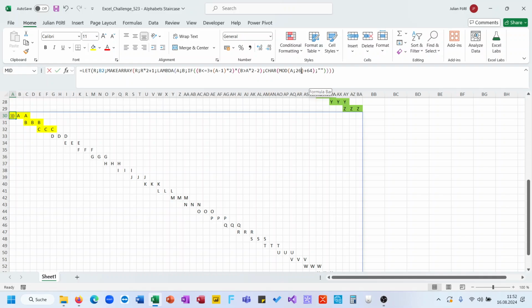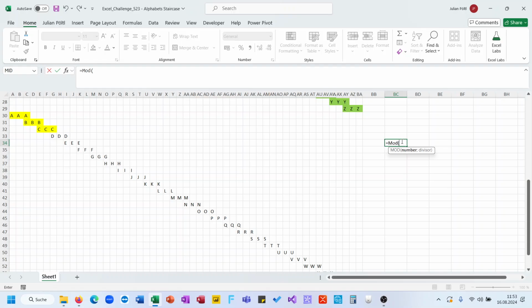But here is a problem: MOD of 2 with the divider of 2 hands out 0 and not 2. If we want to have 2, we need to calculate 2 minus 1 plus 1, and this will hand out 2 in case of 2. In case of 0, it will hand out 0, and in case of 1, it will hand out 1, and it will never hand out a 0.